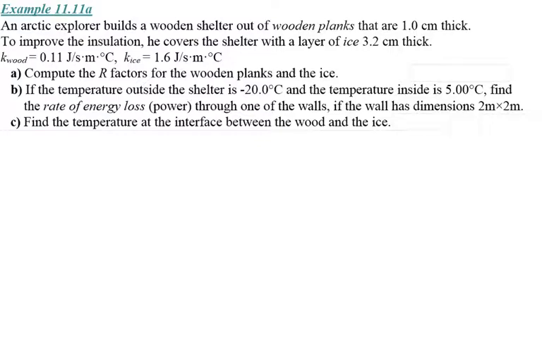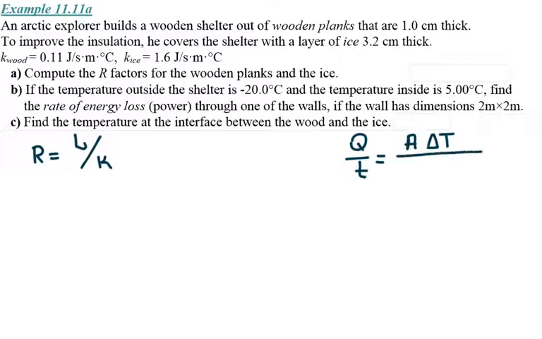So the first thing I have to find is the R factor, and the R factor is equal to L over K. In this formula, Q over t is equal to the area times the change in temperature, and then you have the sum of all the L's over K. So L over K is called the R factor. For the wood, I'm going to call it 1.